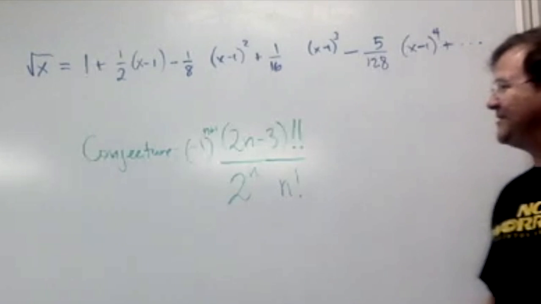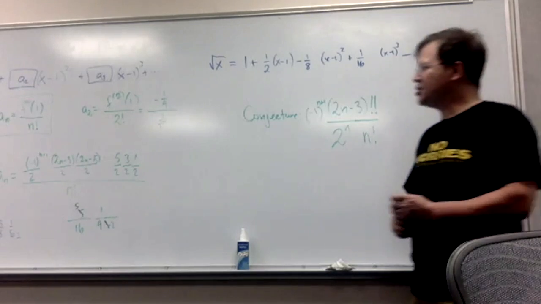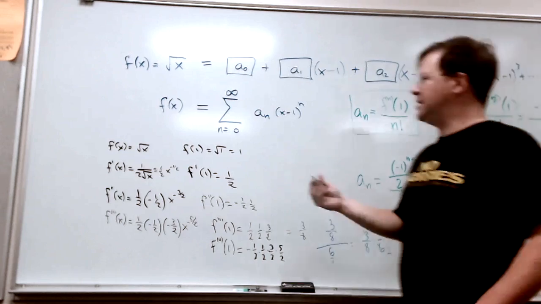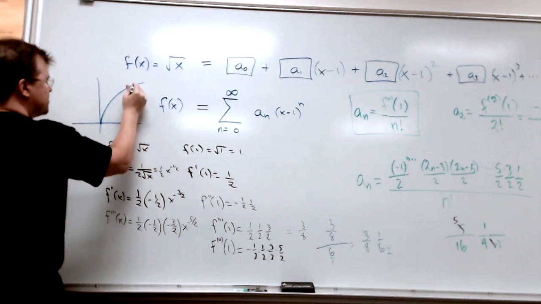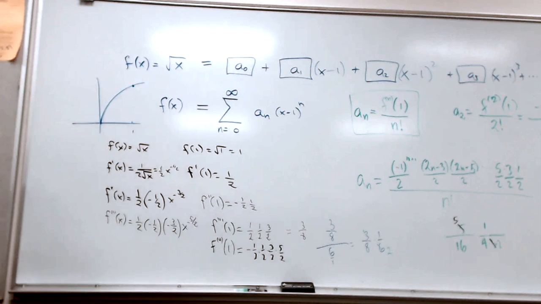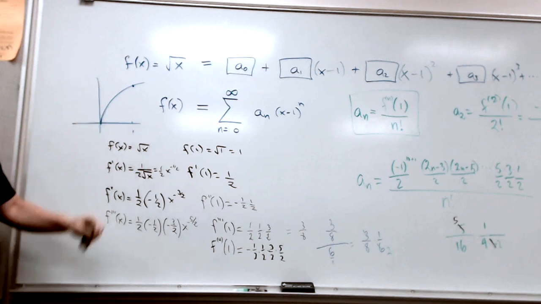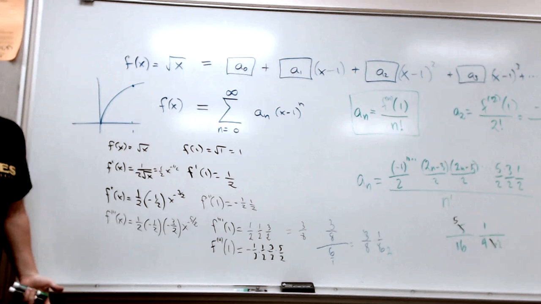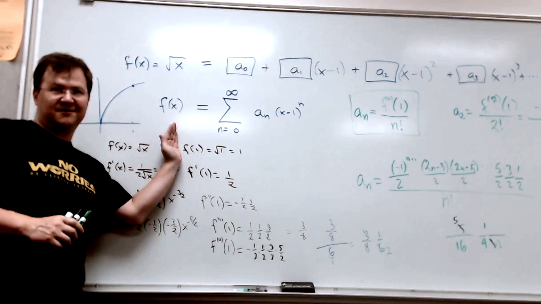So from that we can figure out the radius of convergence. But I'm pretty sure, if the graph looks like this and I'm looking at 1, so it's centered right there, I know for a fact it's not going to be bigger than 1. It can't be bigger than 1, right? Yeah. So it's probably going to be 1. That's the radius of convergence. So it'll only look like the square root function from 0 to 2, if that's the case.